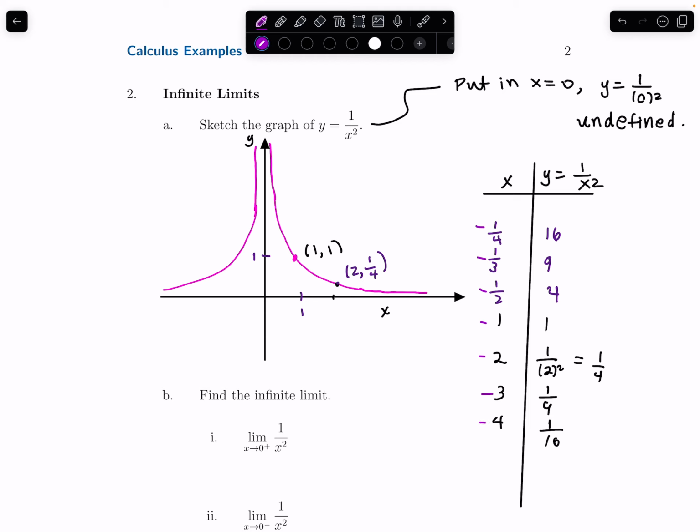So we get the same y values if I put in the opposite values for x. The graph is symmetric around the y-axis, which makes it an even function, by the way, but let's not talk about that today.